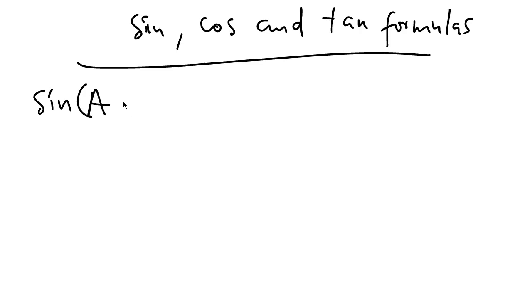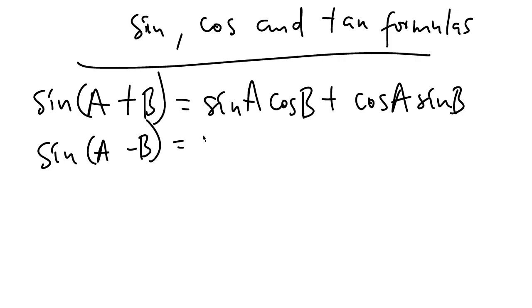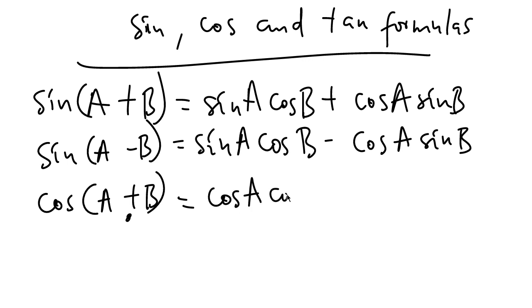For sine, it's important to know that sine A plus B is equal to sine A cos B plus cos A sine B, while sine A minus B will be equal to sine A cos B minus cos A sine B. And then in the case of cos, you must be very careful. The signs change, right? Cos A plus B is cos A cos B minus sine A sine B.